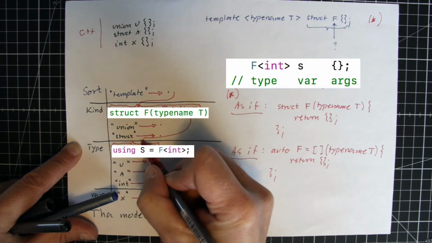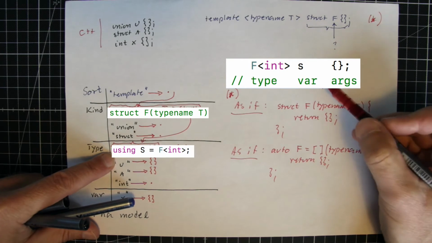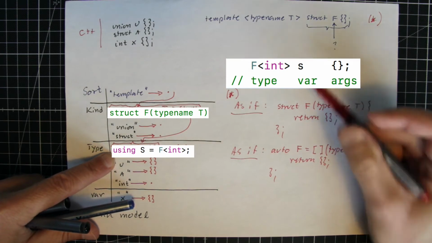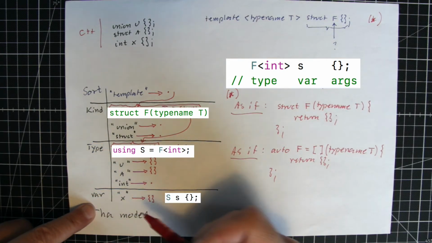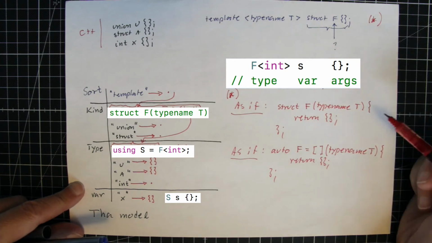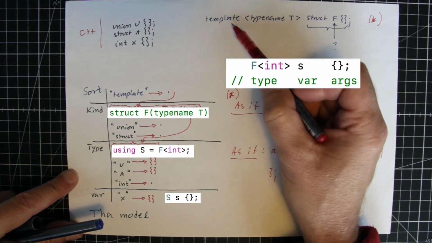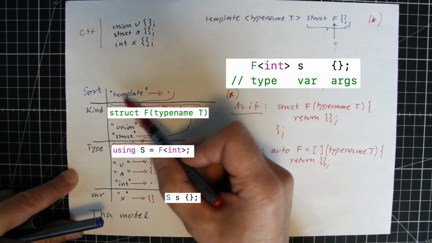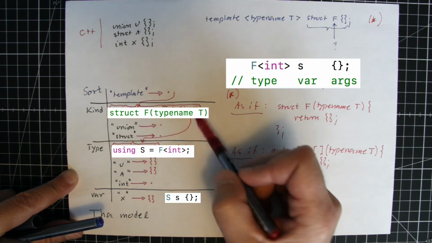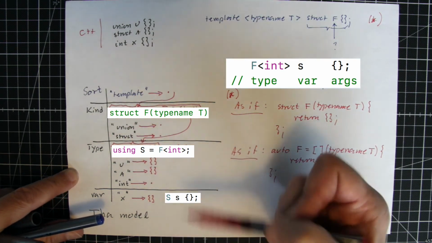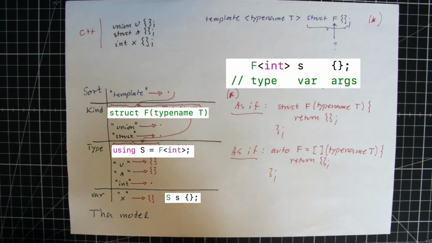So we have that one. And then, of course, we can continue and use this type to create some variable down here. So the pattern repeats itself. It's nice. We've shown that template is a sort that can create kinds. We can then use that kind to create types, and then the story continues.